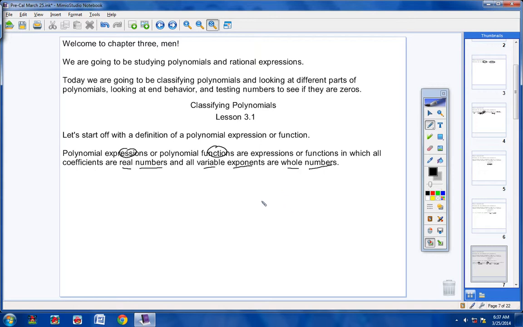A whole number starts at 0 and goes to the right, 1, 2, 3, 4, etc. So when I say all of your exponents are whole numbers, that also eliminates negative numbers, because the true definition of a whole number is starting at 0 and going to the right on a number line, not including fractions, of course, and decimals, okay?